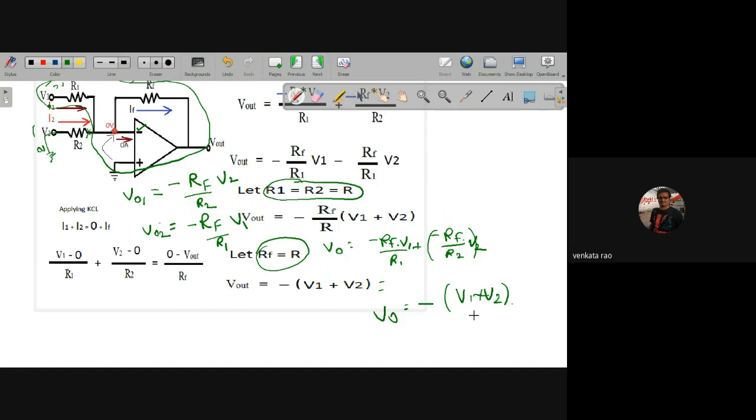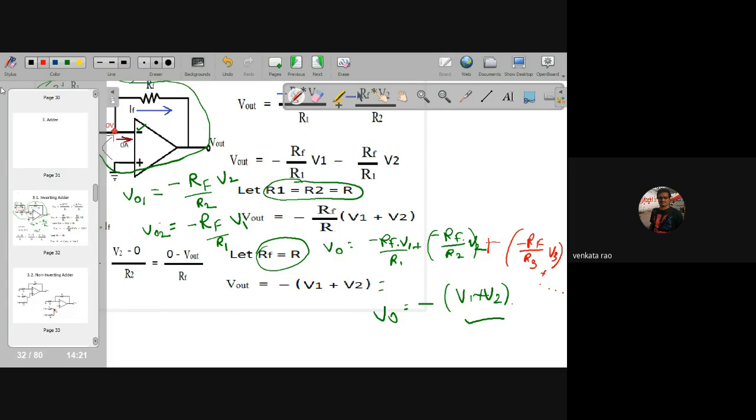So this is the inverting adder. Even if you add one more R3 and V3, you can add one more term: minus RF by R3 into V3. Like that, if you add multiple inputs, you can add multiple terms to the output equation. That is about the inverting adder.